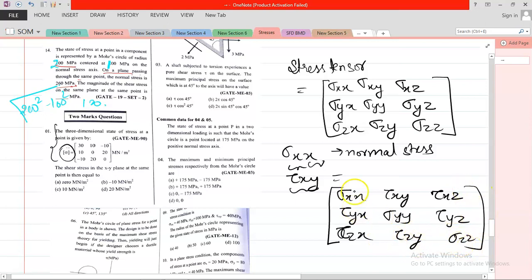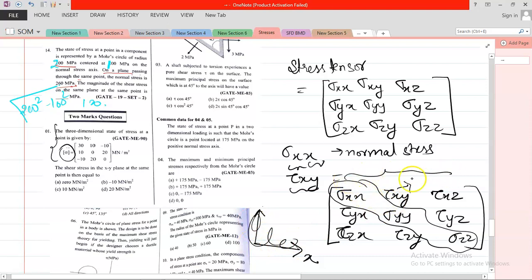So you can see that on the diagonal the elements are the normal stress, and the rest of the elements are the shear stress. Moving along the columns, x is constant and y is changing, and you can say one direction is x, one is y, and one is z direction.